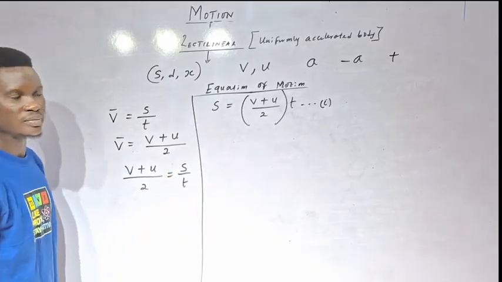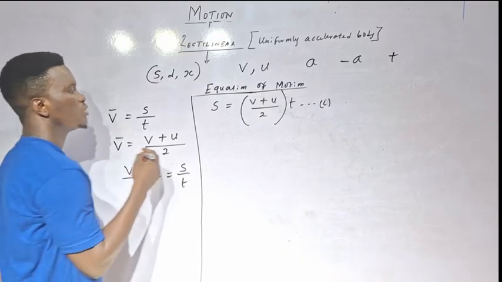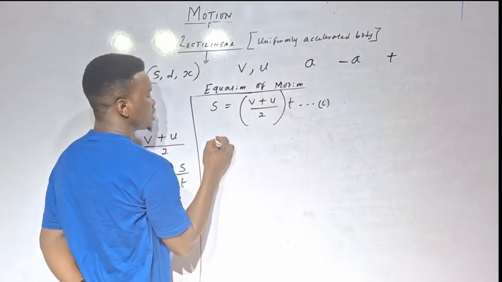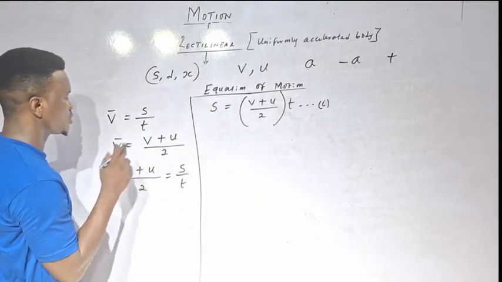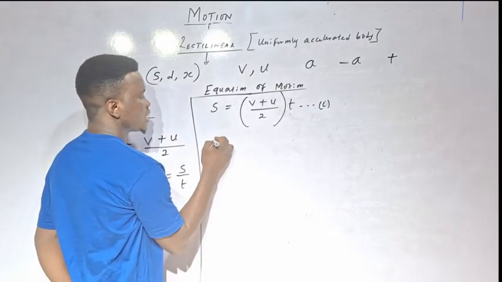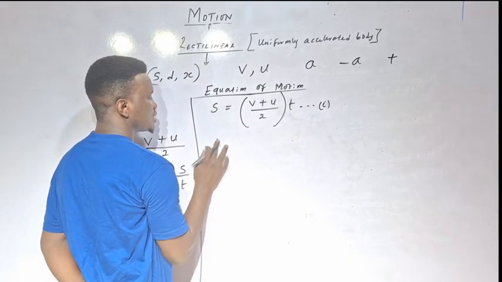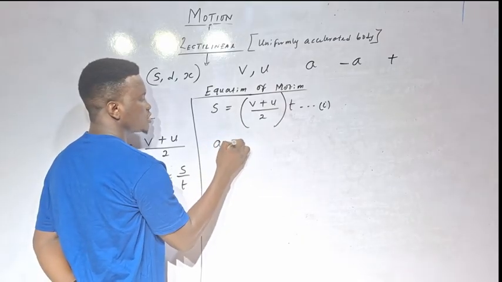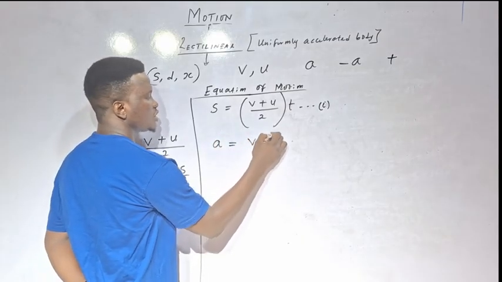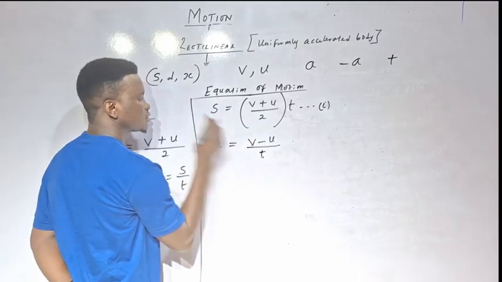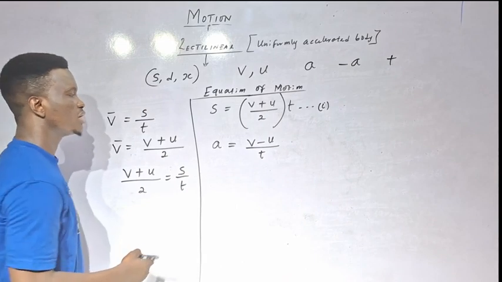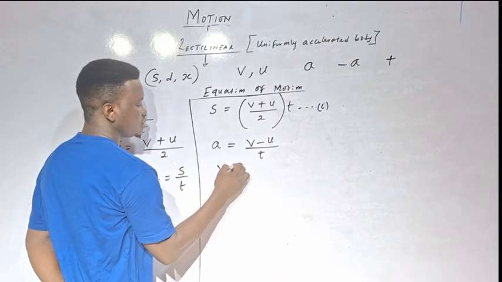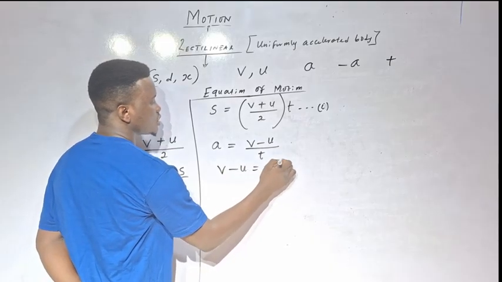Now, the second formula we want to derive: we already said that acceleration is equal to change in velocity over time. Now, let's make V the subject of the formula. So we can say V − U = acceleration times time.